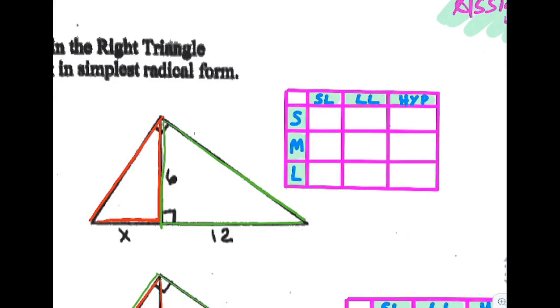So the first one, I already highlighted that we have a red one and a green one, which is the small and the medium. The small one has a short leg of x and a long leg of 6. The medium one, it's turned sideways, so the 6 is actually the short leg, and the long leg is 12.